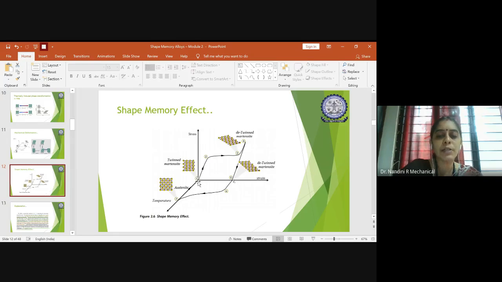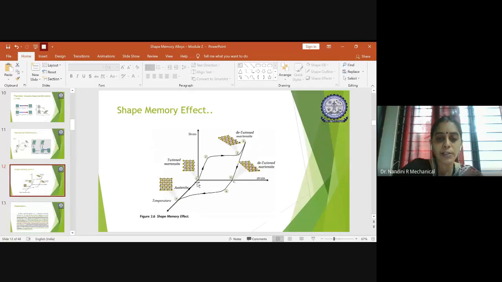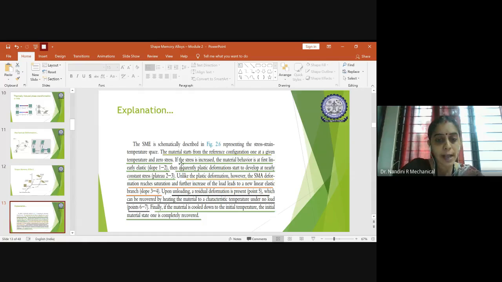At this point, stress will be zero, strain will be zero, and temperature will be zero. Hence, it will not have any induced stress or strain in it. So this is the first stage, right? Now the material starts moving from 1 to 2. You have a slope from 1 to 2. So what happens here?